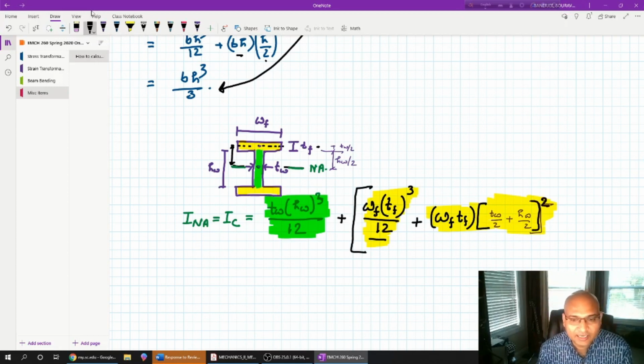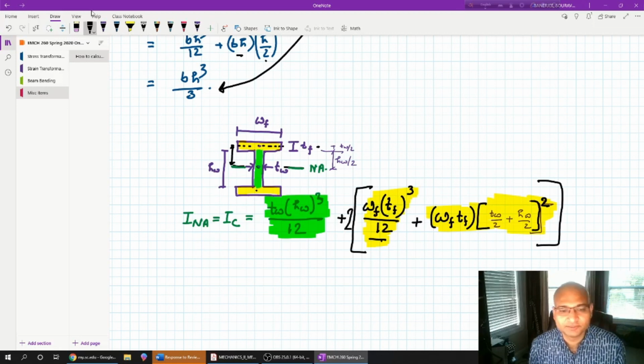However, I have two of these sections, which will not change, because the moment of inertia of this yellow section at the bottom is the same thing, and the distance of this section from the green one is the same thing. So I just multiplied by two to accommodate the two sections. If you substitute all the numbers given to you for this particular I section, you can find it.